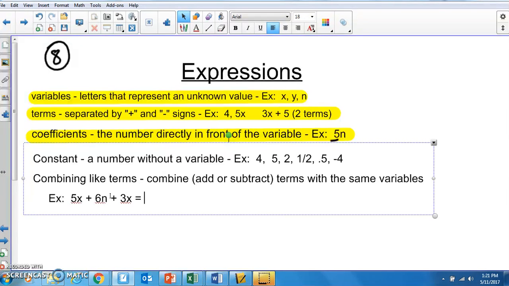We have 5x, which has an x, and that 3x has an x. So those are alike because of the variable x. What we're going to do is add the coefficients. We're going to add the 5 and the 3, which gives you 8x. Then we just bring the 6n over. And so that would be our answer.